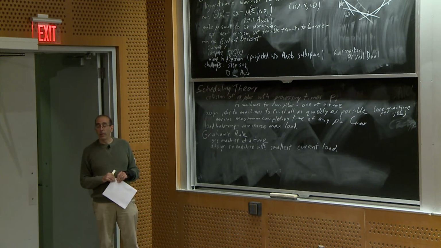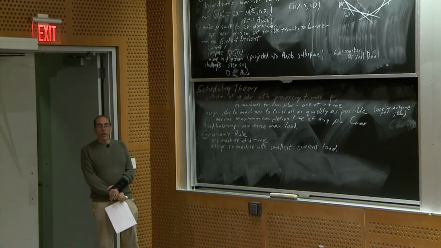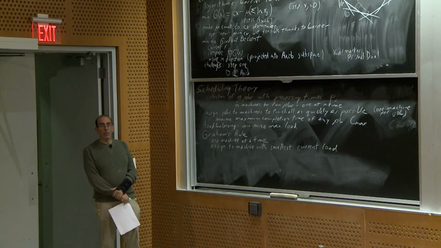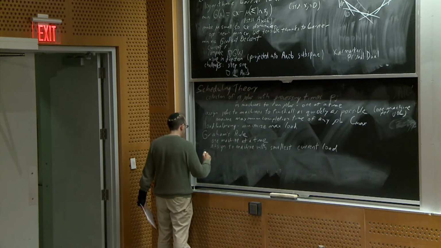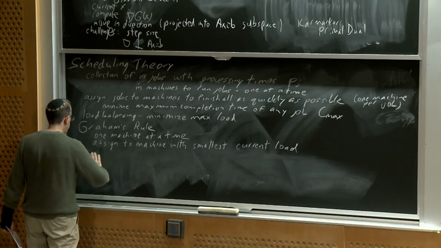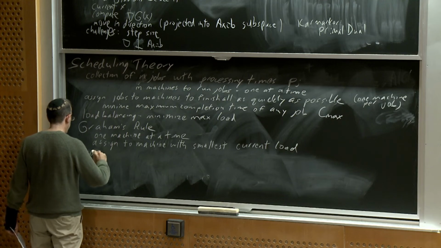So any thoughts on that? If I just tell you, here's a collection of job sizes, what are some simple bounds on the optimum that you might suggest? And since we're trying to minimize something, we're interested in lower bounds.